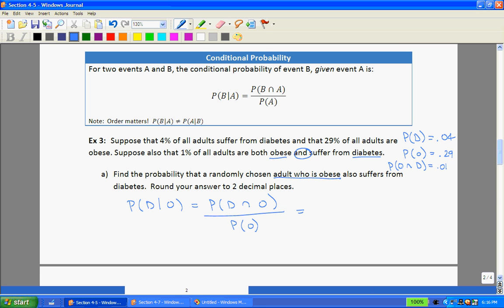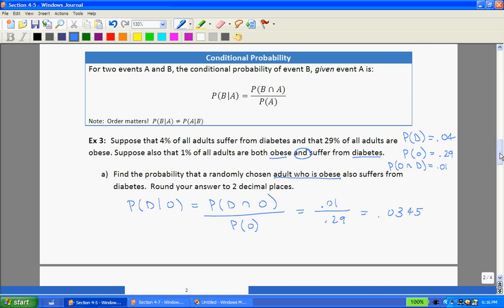The intersection between diabetes and obese, which is exactly the same as obese and diabetes, is 0.01. And the probability of being obese is 0.29. And I can plug that into my calculator. And I get 0.0345 if you round to the fourth decimal place.